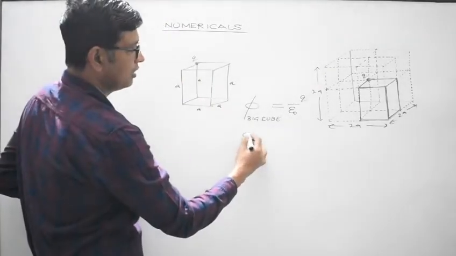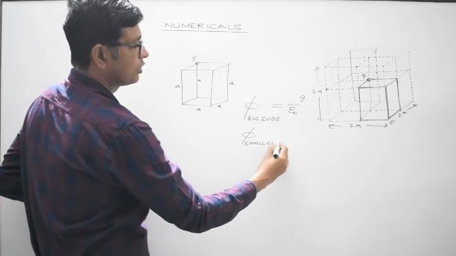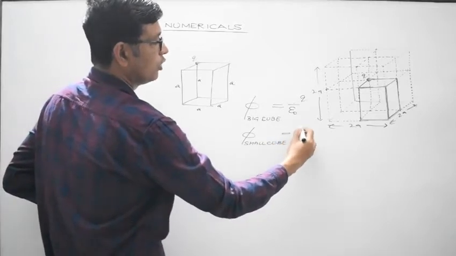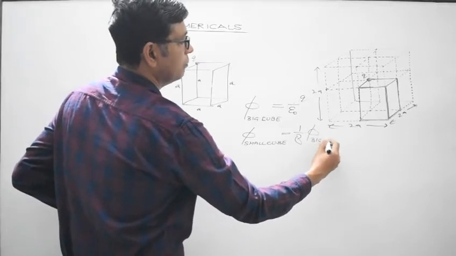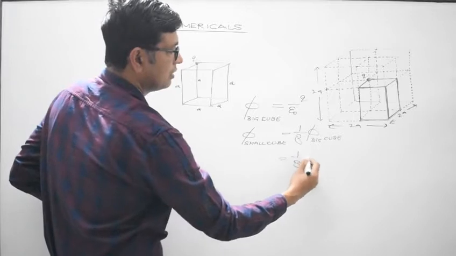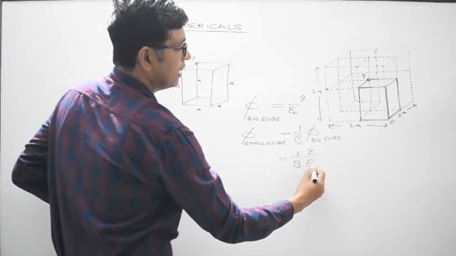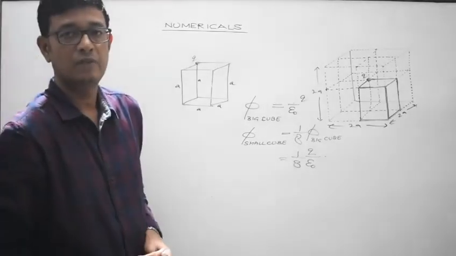Therefore, logically, the flux associated with one small cube would be equal to 1 by 8 times the flux associated with the big cube. So we get 1 by 8 q by epsilon naught. This is the result.